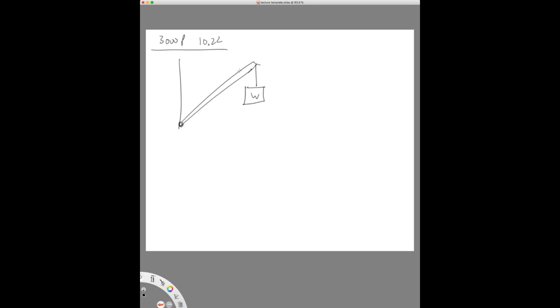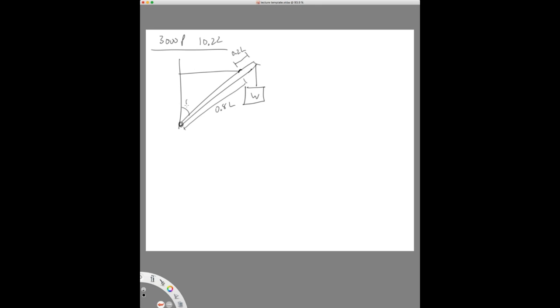And then there's a little hook there that's attached to a rope. And it tells us that this distance between the end and where the rope is attached is 0.2 times the length, so 20% of the length. And then that means, of course, that this distance would be 0.8 L.